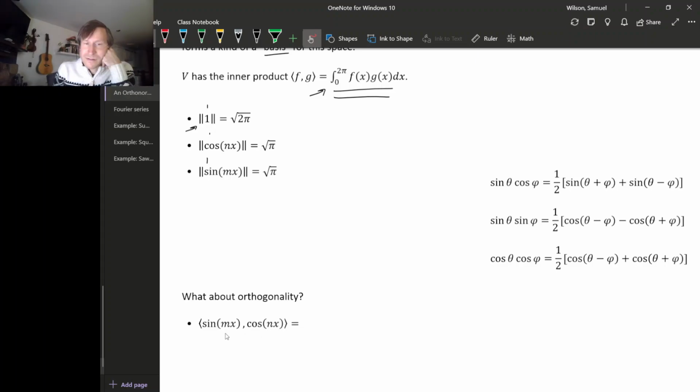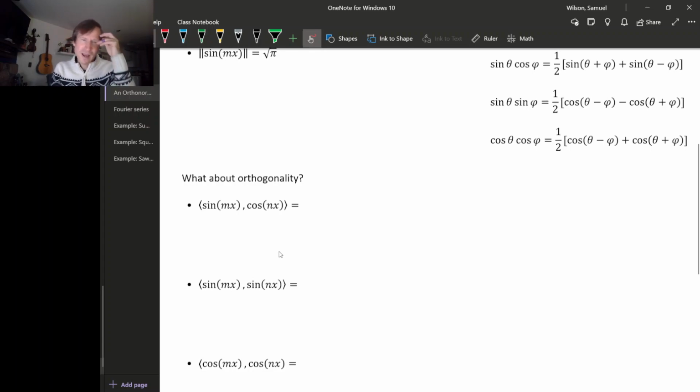To check if they're orthogonal, and if they aren't, to do Gram-Schmidt orthogonalization on them, we need to know what the inner products of all of these are. And there are 3 flavors of inner product to do. There's one where we have a sine function and a cosine function, one where they're both sine functions, and one where they're both cosine functions.